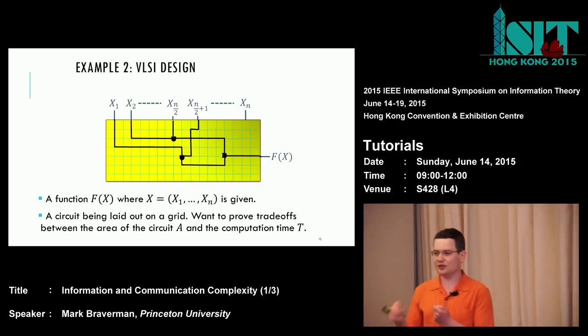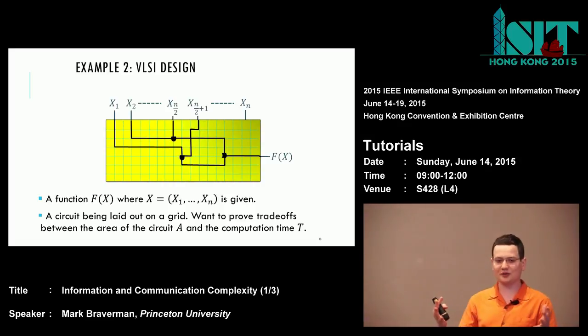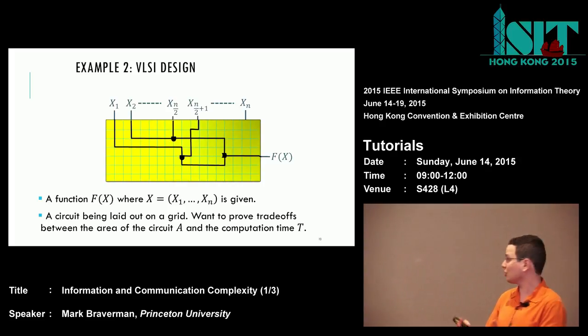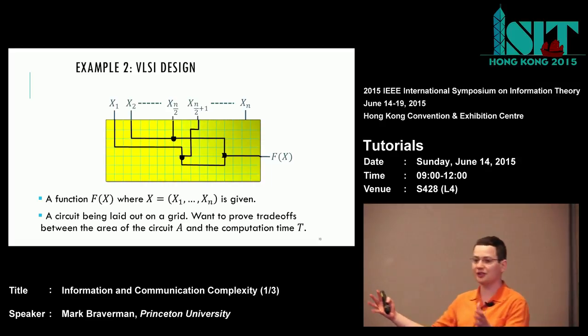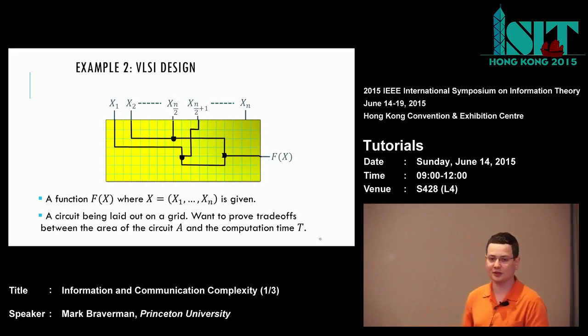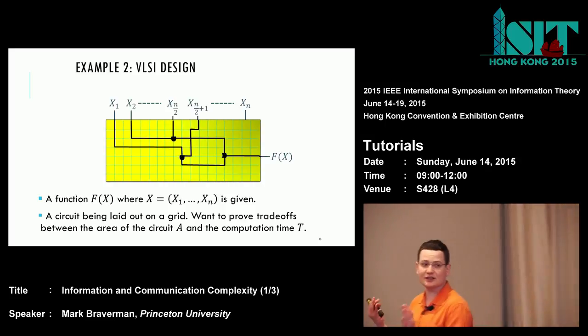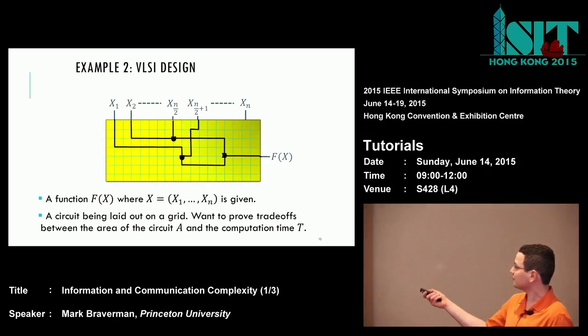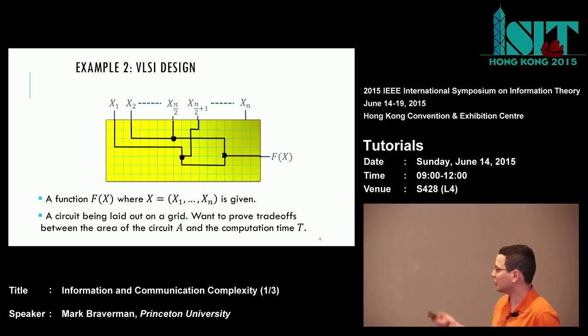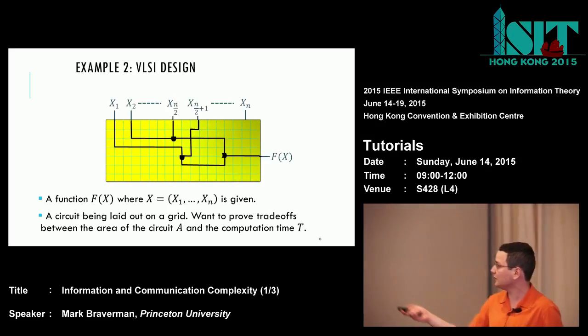And the goal is to establish trade-offs between the area of a circuit and the time, the number of clocks it takes to compute f. So the goal would be to show that either you need a very large circuit or it will take many clocks to compute it. And this type of bounds relies exclusively on communication complexities. So how would we do it?